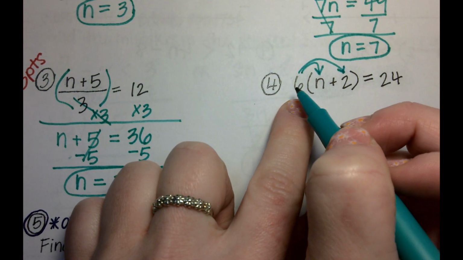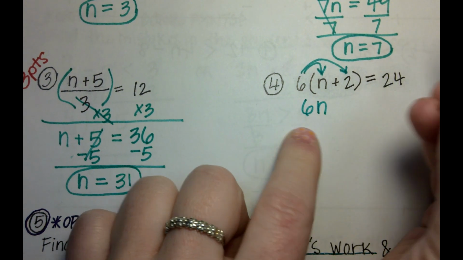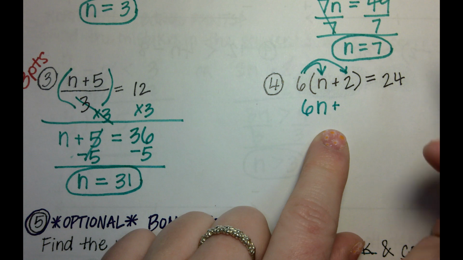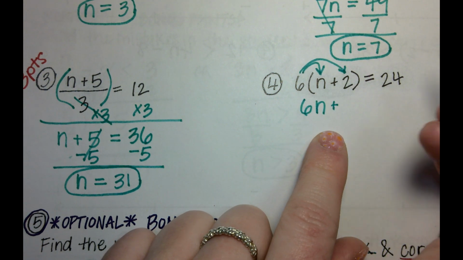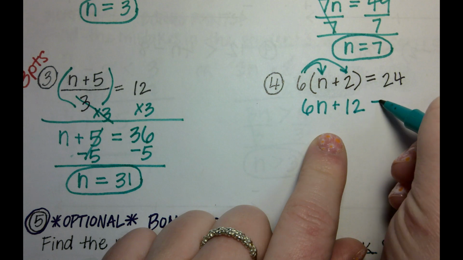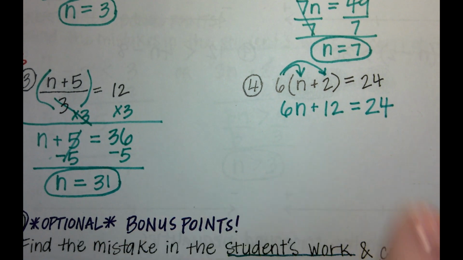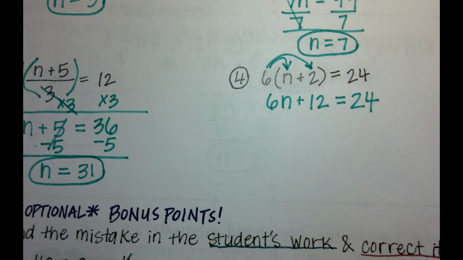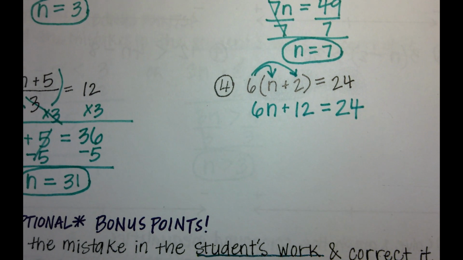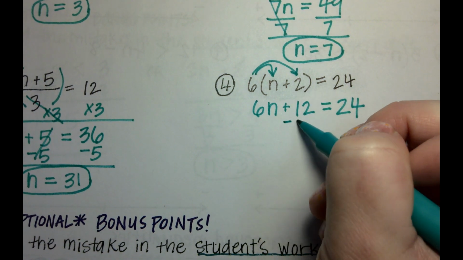So what is 6 times n? 6n. We'll bring down our plus sign. What's 6 times 2? 12. Perfect. Then we'll just bring everything down. So I have 6n plus 12 equals 24. Okay. What would I do next? Minus 12. Good.